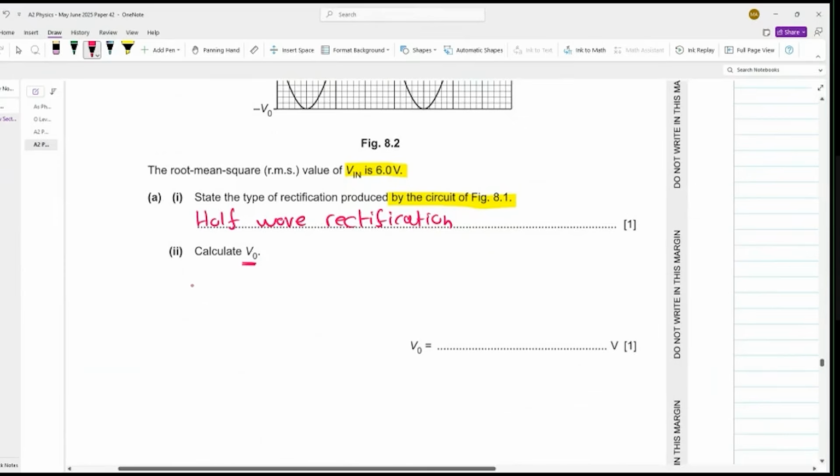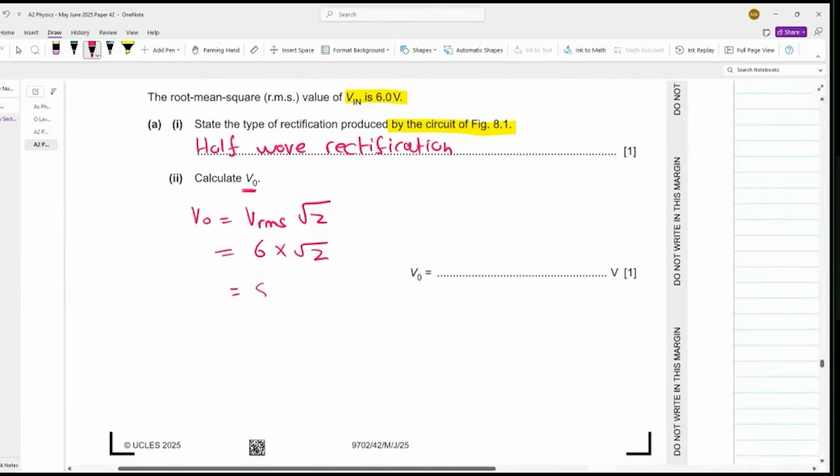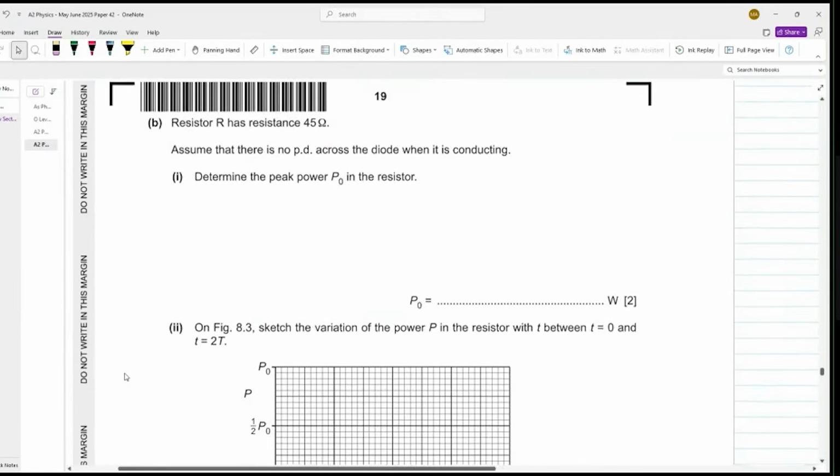V naught is equal to VRMS multiplied by under root 2. 6 into under root 2. What will this answer come out to be? 8.5. 8.5 is your peak voltage. Simple.